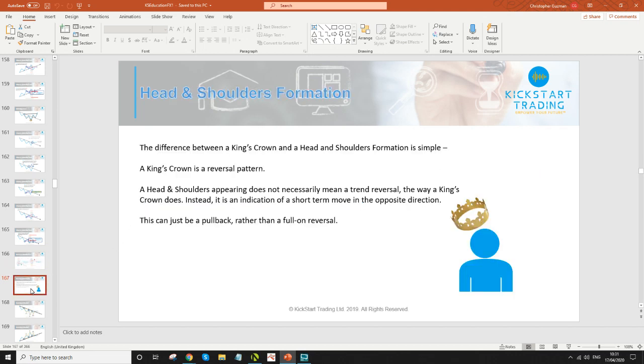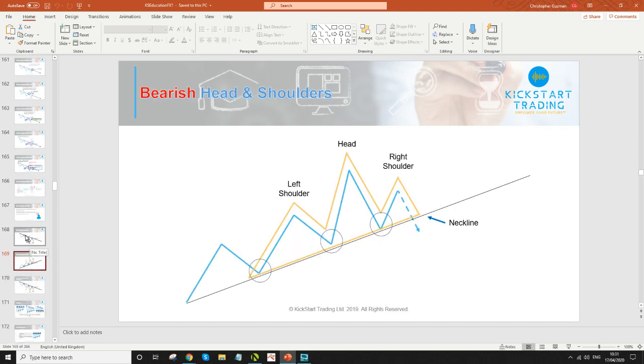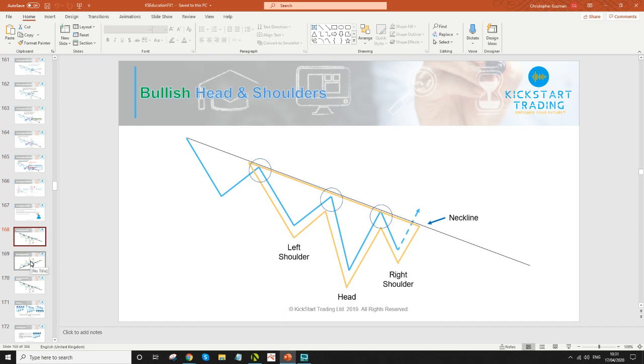But I do want to have a look at the head and shoulders as well. The reason a head and shoulders is a little bit more difficult to learn and certainly more difficult to teach is that there aren't 5 steps to a head and shoulders, right? With a head and shoulders pattern, mainly you're relying on your spatial ability, in other words, your ability to read the charts, to identify common areas and to visually see things that aren't already drawn out for you, right?